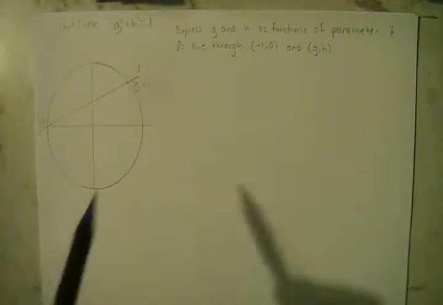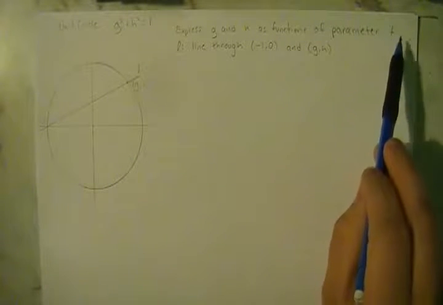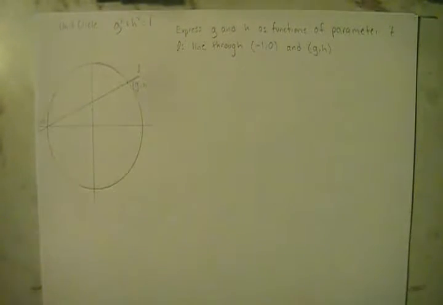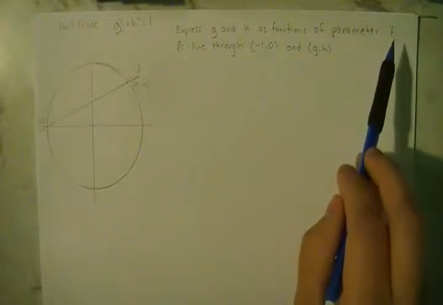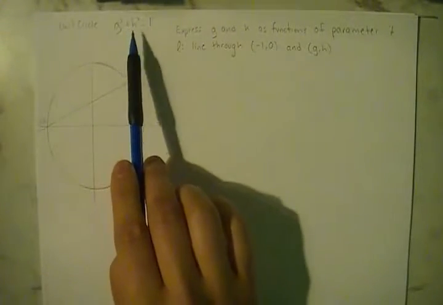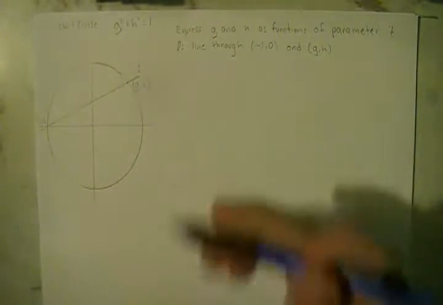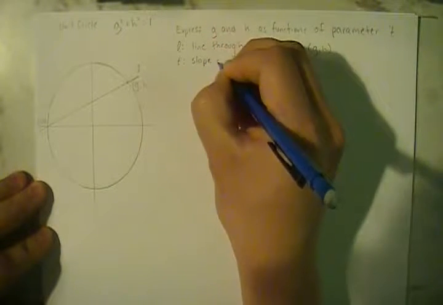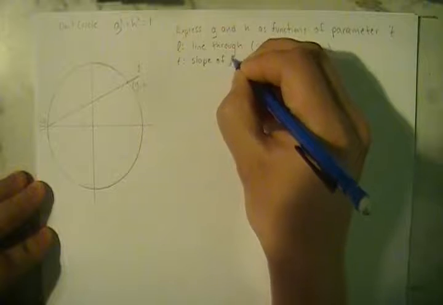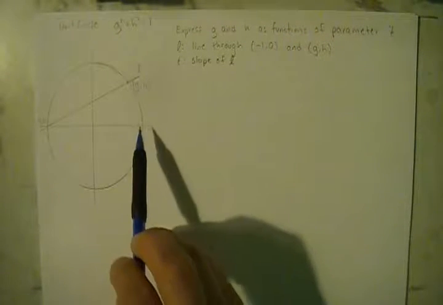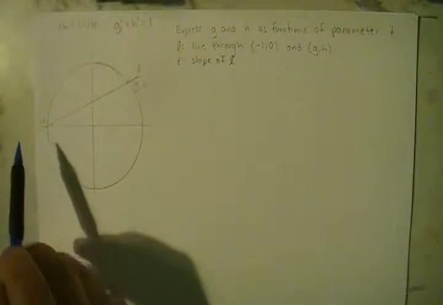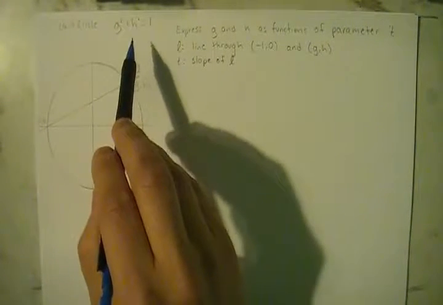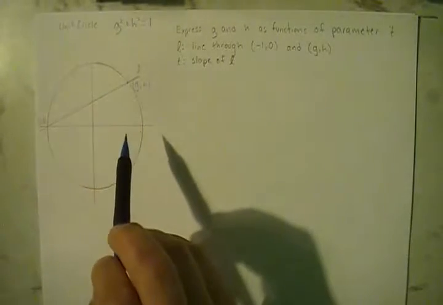Which is important because that slope is going to be the parameter t that we use to parameterize this circle. So if I can find g and h in terms of t, the slope of L, so I'll write that here, t is the slope of L, then I'll have the functions g and h.